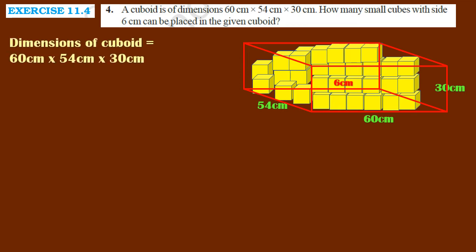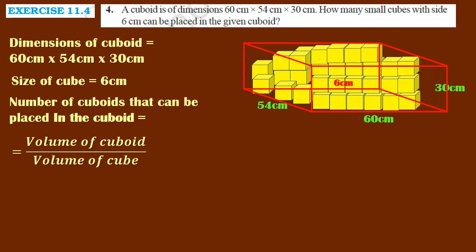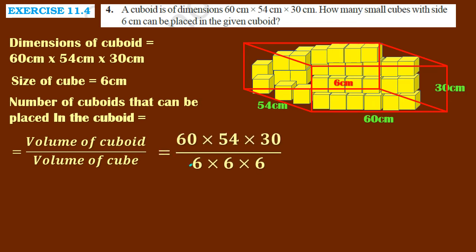So dimensions of the cuboid is given. Size of the cube is given, 6 centimeter. So number of cubes that can be placed in the cuboid is equal to what? Yes, volume of the cuboid divided by volume of cube. So volume of cuboid, L into B into H, 60 into 54 into 30 by 6 into 6 into 6.